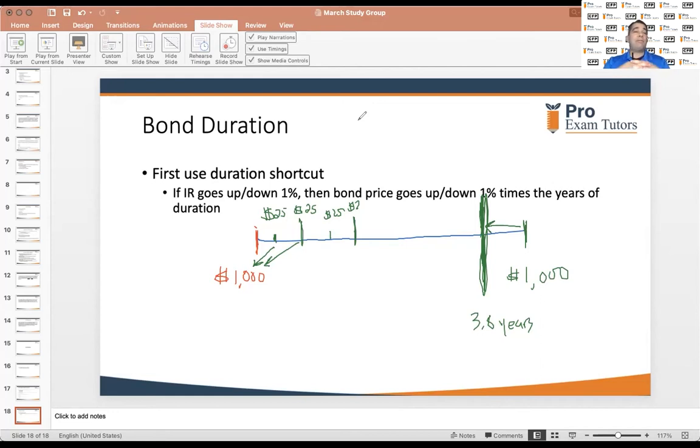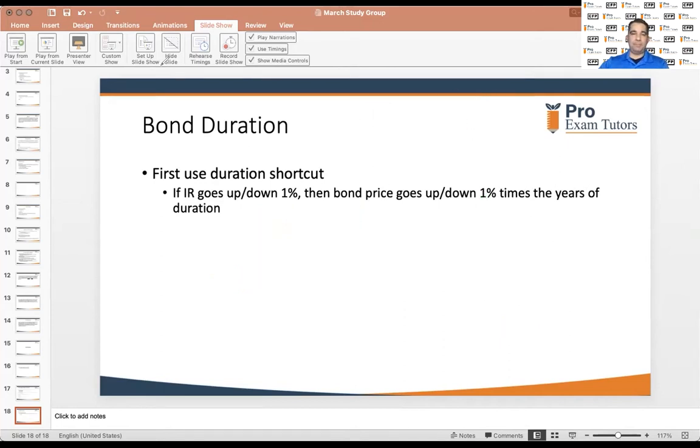If interest rates fall to 7%, does this bond trading at $950 with a coupon rate of 8% go up or down? Well, first off, if interest rates go down, bond prices necessarily, 100% of the time, go up. So let's clear this out of the way, and let me show you a shortcut.